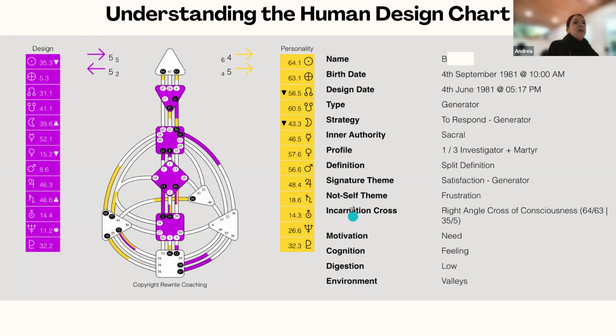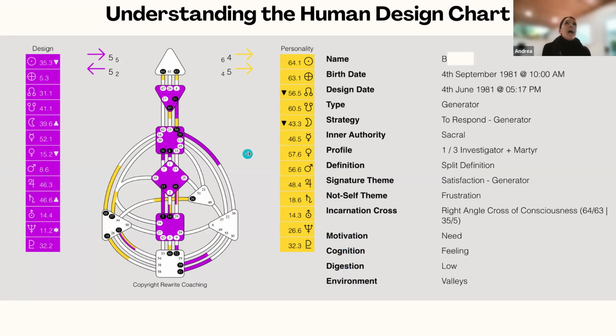And when I was talking about here, it'll tell you the incarnation cross, right angle cross of consciousness, and you can look that up on Google and find out more information. But that's usually the main theme or lesson that people are here to learn in this lifetime based on human design. And then these arrows, if you do have these arrows, it talks about things like motivation, cognition, digestion, environment.